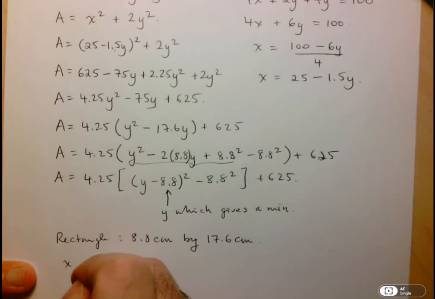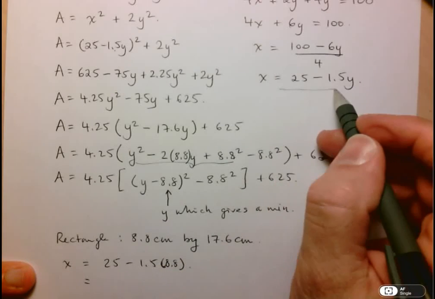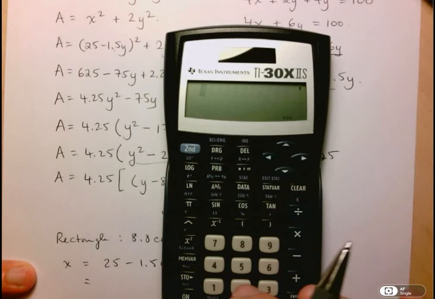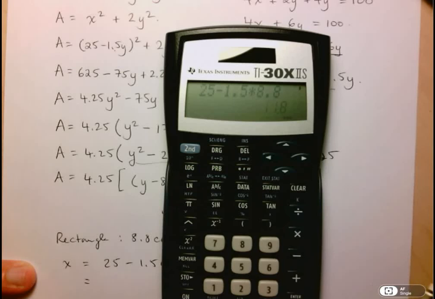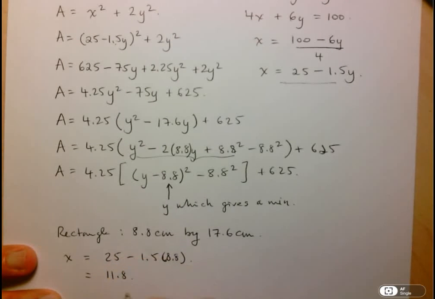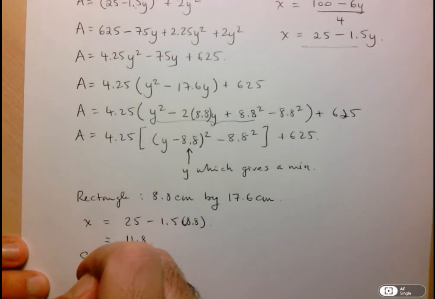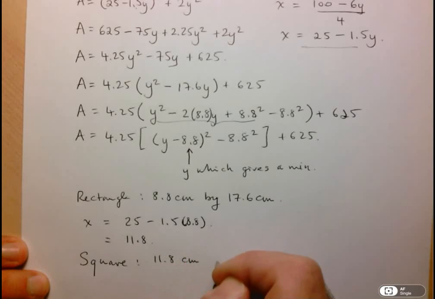The x value will be 25 minus 1.5y, so we can put in 8.8. Let's calculate that: 25 minus 1.5 times 8.8 is equal to 11.8. And so the dimensions of the square would be 11.8 centimeters by 11.8 centimeters.